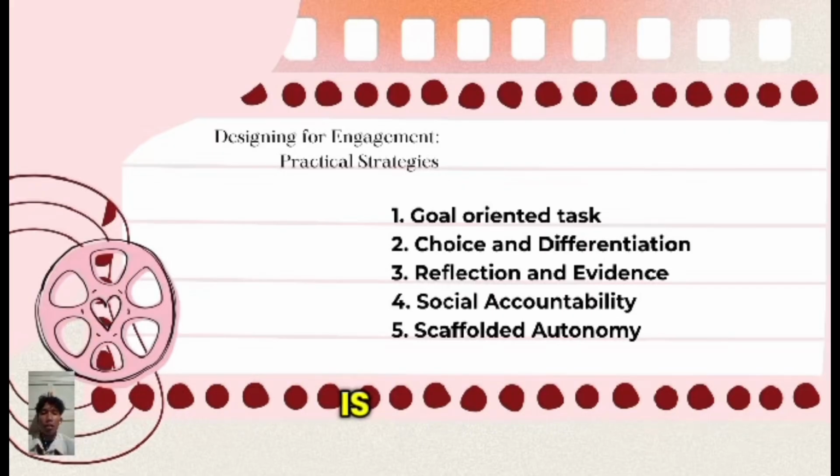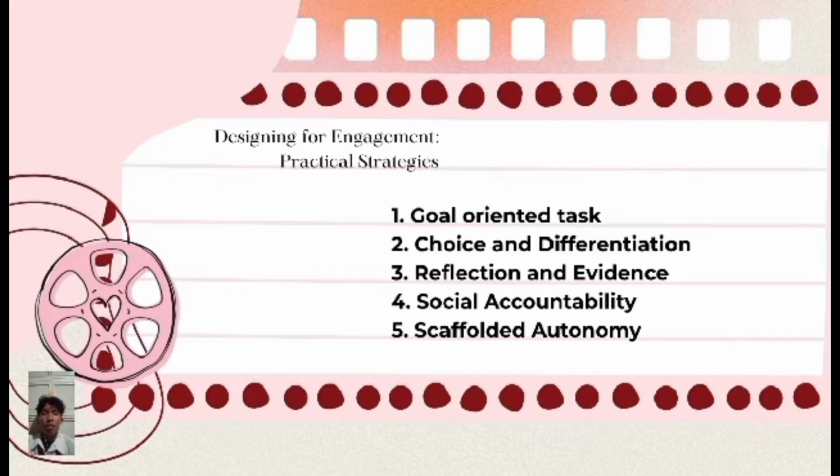The first one is goal-oriented task. It focuses on short, personalized objectives, like: use 10 target verbs in a paragraph, then give immediate purpose and measurable outcomes.